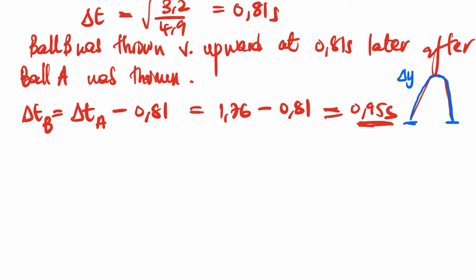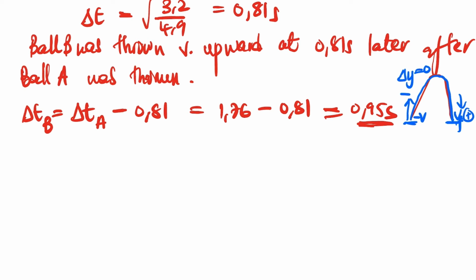That means its displacement is going to be 0, and its initial velocity, the one we're looking for, is going to be negative. Its final velocity will be positive, because up is negative and down is positive. That's why we have that.